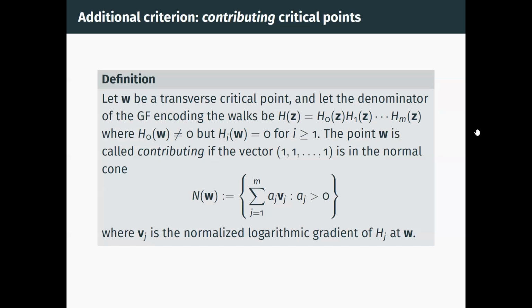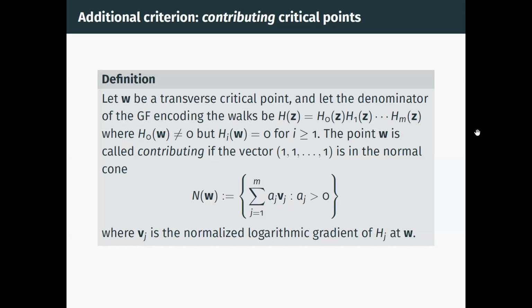I'm going to factor it, and I'm going to lump all the stuff that's not equal to 0 into h sub 0, and then all the other terms which are 0 at the critical point into separate factors, h1, h2, and so on. Then I need to look at the logarithmic gradients of each of these factors and normalize them. And then I need to look at the positive span of all of these vectors, the normalized logarithmic gradients. It's getting a little bit technical, but that's what you do.